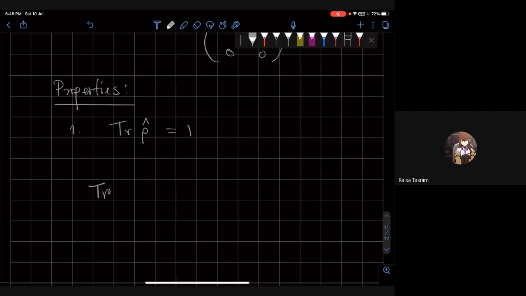So trace means, what does trace mean in quantum mechanics? When you take the trace of an operator, what you're doing is you're taking some basis |i>. So this is an orthonormal basis, okay?